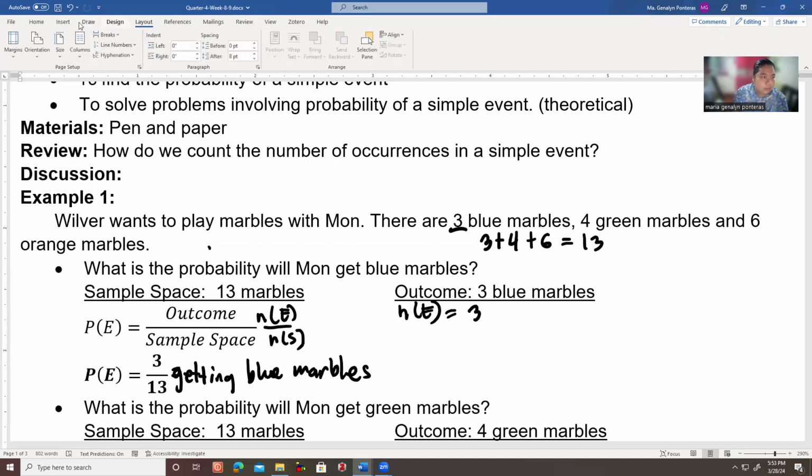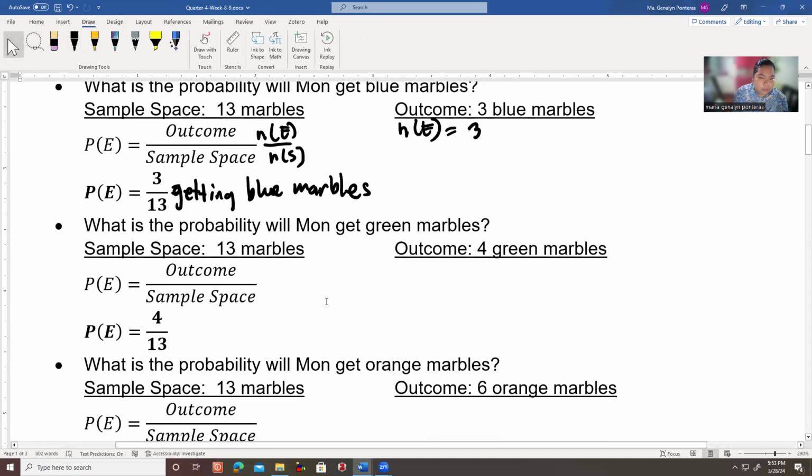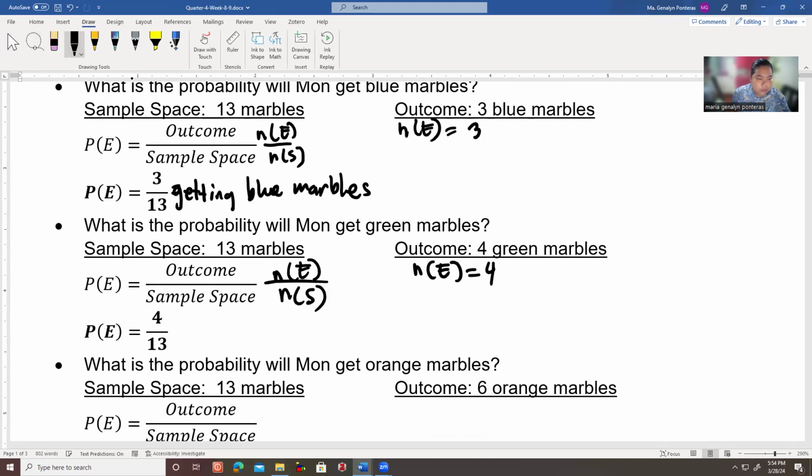Then the next one, for green marbles, you have the cardinality of 4. So you have cardinality of E over cardinality of S. So that's 4 over 13 for getting green marbles. Your chance to get green marbles.